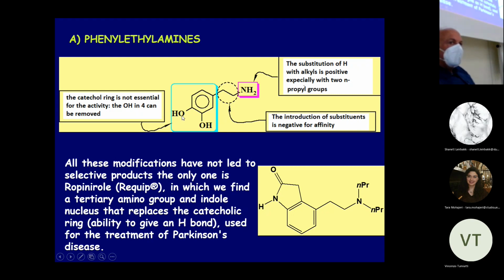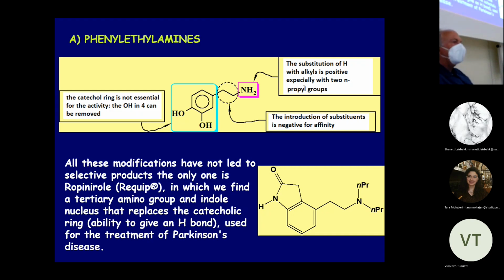So in the direct agonist, we will see a molecule with only a group in a meta position, able to give a hydrogen bond.